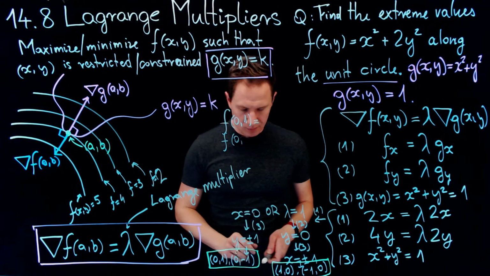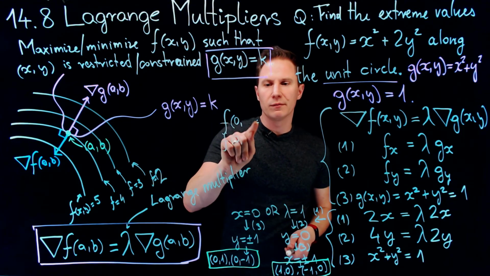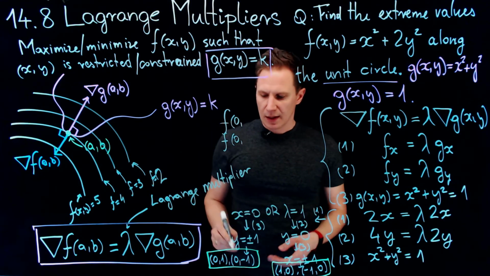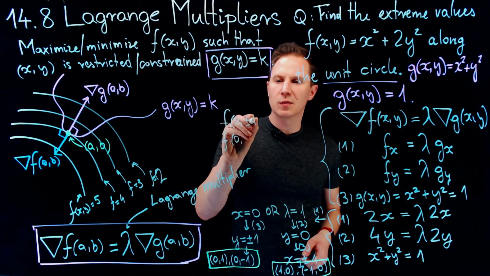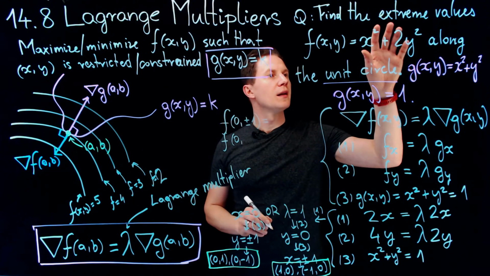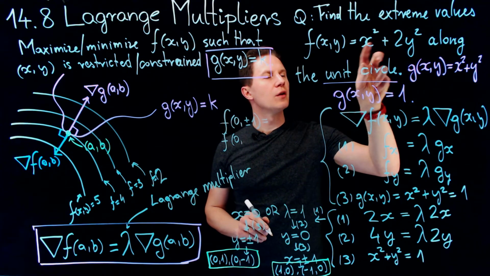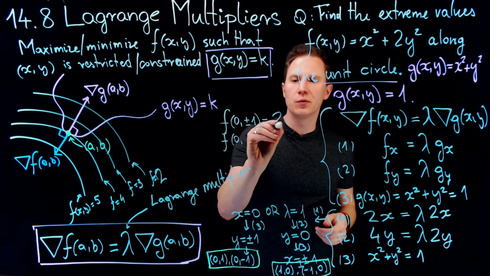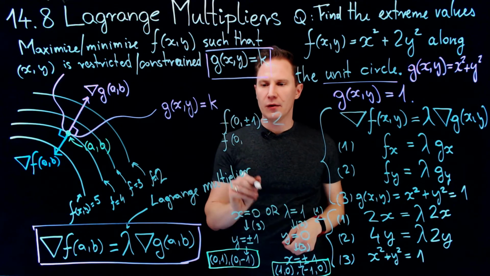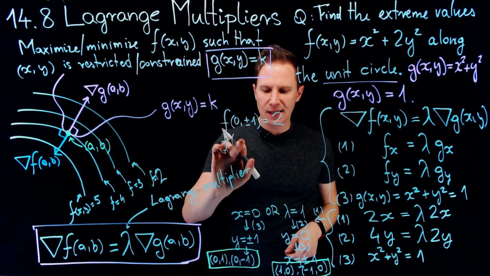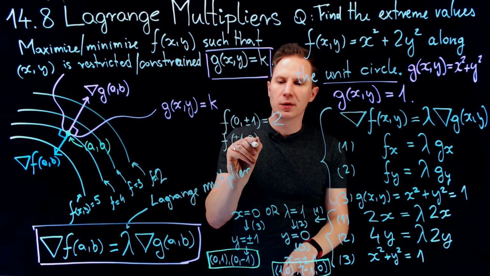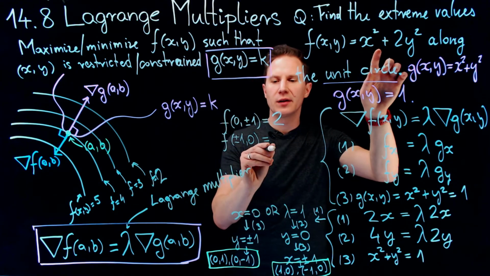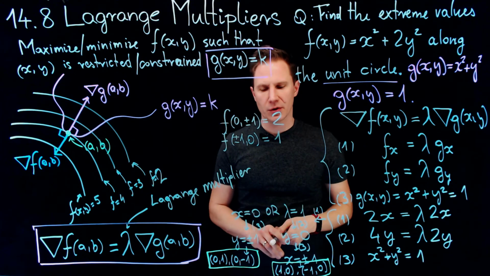So let me just do them all in one go, well, in pairs. If x is equal to 0 and y is plus 1 or minus 1, then f is going to give us 0 plus 2, so that's 2. If x is equal to plus 1 or minus 1, but y is equal to 0, then f is going to give us 1 as the function value.